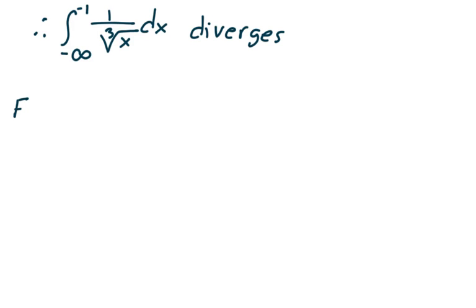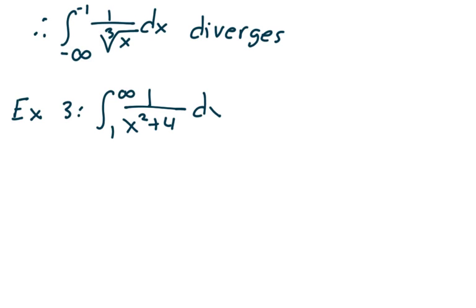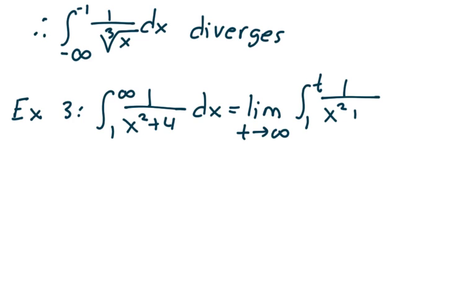Let's take a look at example 3. Suppose I have the integral from 1 to infinity of 1 over x squared plus 4 dx. So this is the limit as t goes to infinity of the integral from 1 to t of 1 over x squared plus 4 dx.